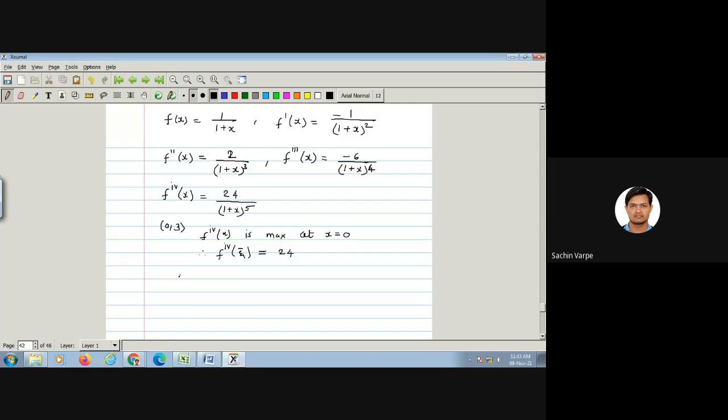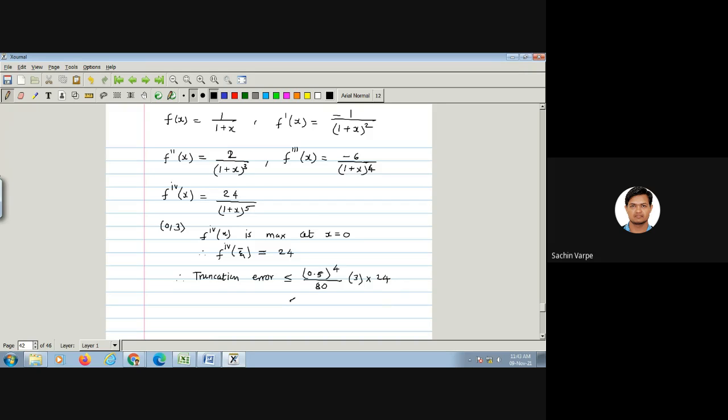So therefore, truncation error or simply error is less than or equal to 0.5 raised to 4 by 80 into 3 into 24.